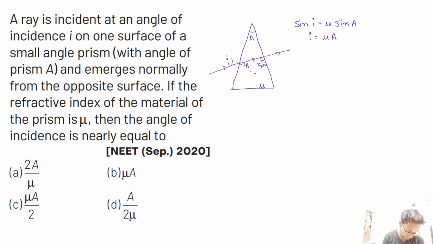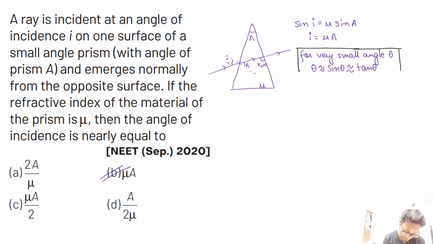Therefore the angle of incidence is nearly equal to mu into A. We use a mathematical theorem for very small angles, which I have already said. For very small angle theta, theta can be approximated as sine theta, which can be approximated as tan theta, and theta should be taken in radians, not in degrees.